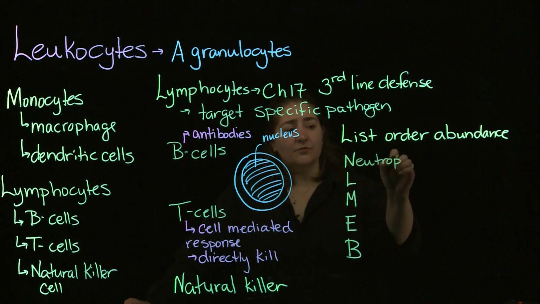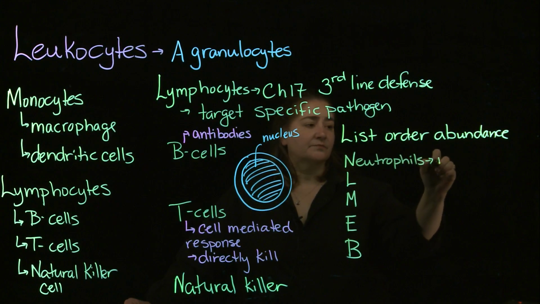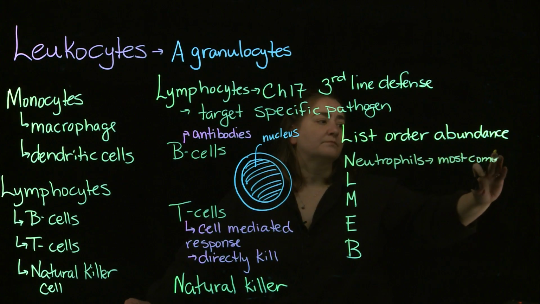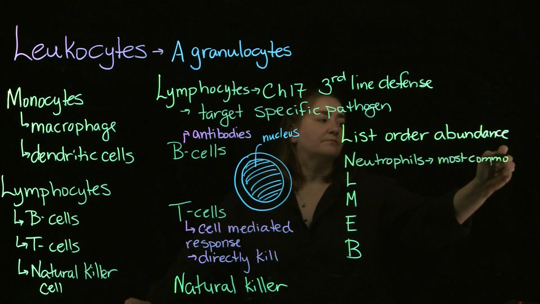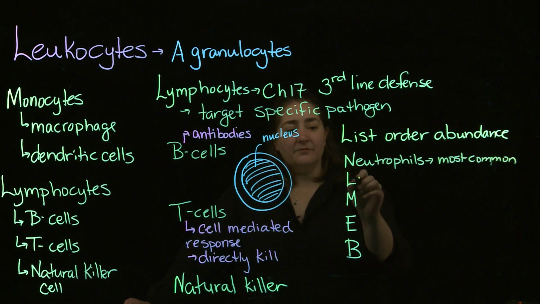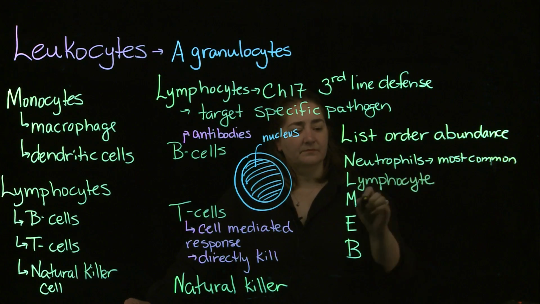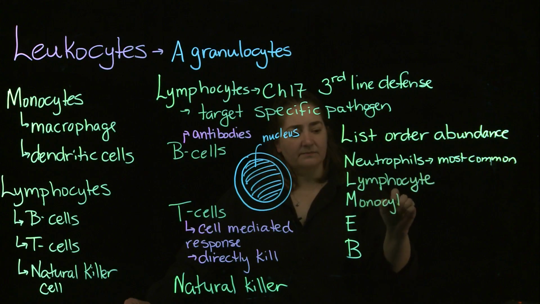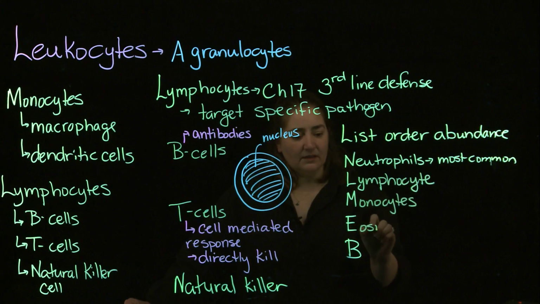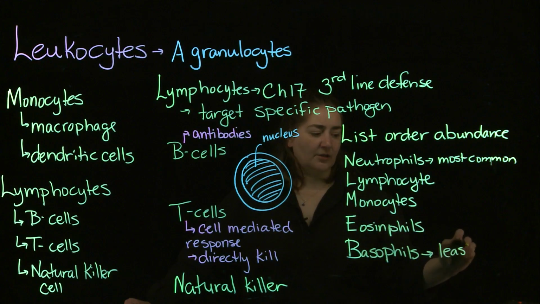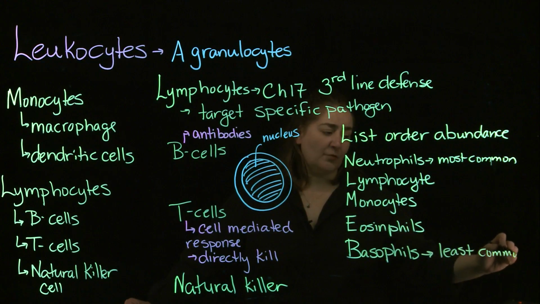We've got the neutrophils being most common, then the lymphocytes, the monocytes, eosinophils, and then finally basophils are going to be the least common circulating white blood cell.